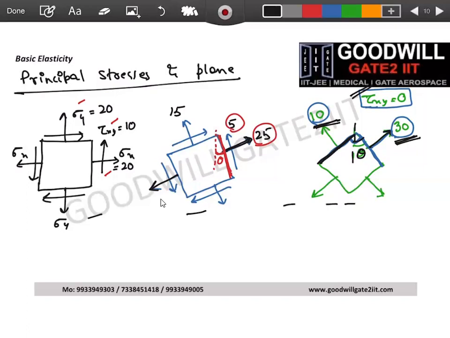Now, I don't want to do infinite cases. I want you to tell me what is the angle theta at which, if you cut the body, your normal stresses will go to maximum. That plane is known as the principal plane. And the definition is that on that plane, your shear stresses are 0. Do you understand what we mean by principal stresses and principal plane?